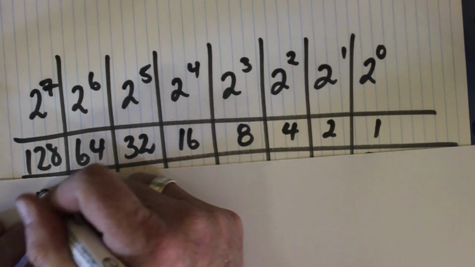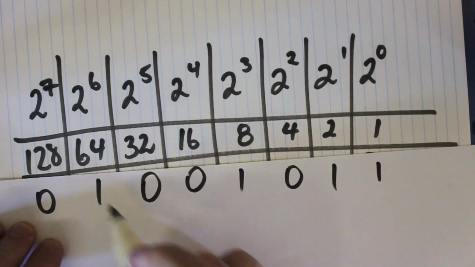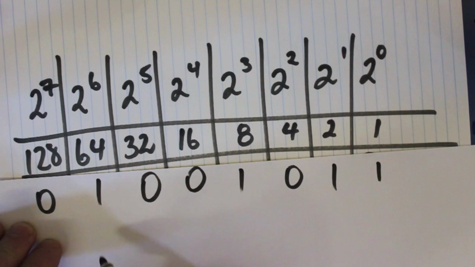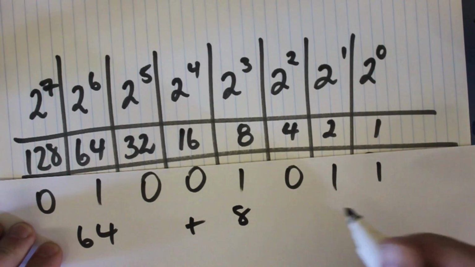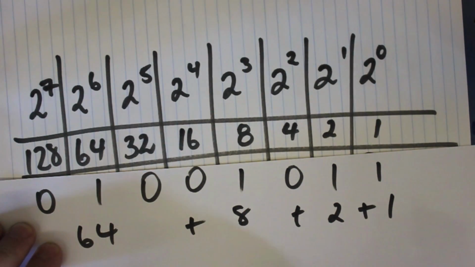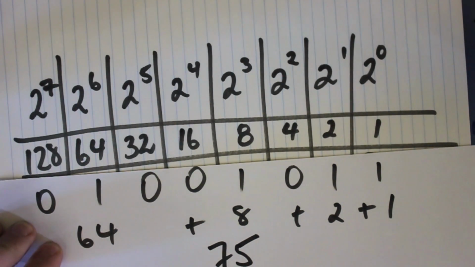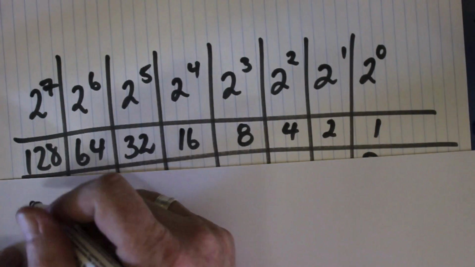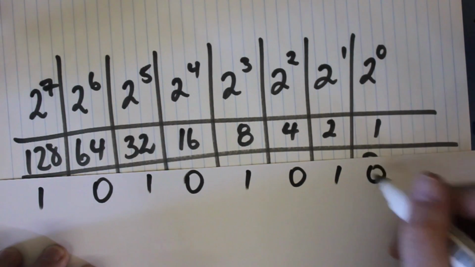Okay then, so now it's your turn. What base 10 number is represented by the base 2 number shown here? So we have one lot of 64 plus one lot of 8 plus one lot of 2 plus one lot of 1. When we add these numbers together, we get 75. So let's try another example. What is 10101010 as a decimal number?